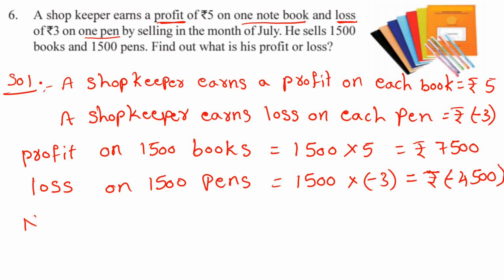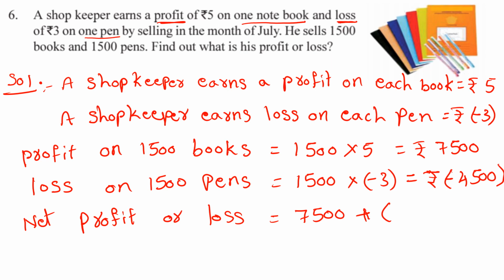Now net profit or loss. Net profit or loss is equal to 7500 rupees plus minus 4500, so we subtract this loss here. That equals 3000 rupees, because this is positive and this is negative.